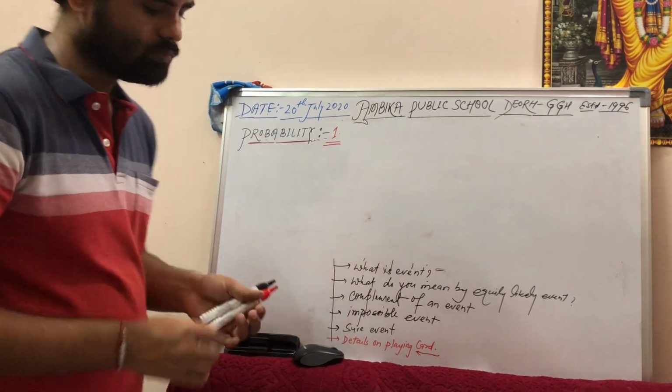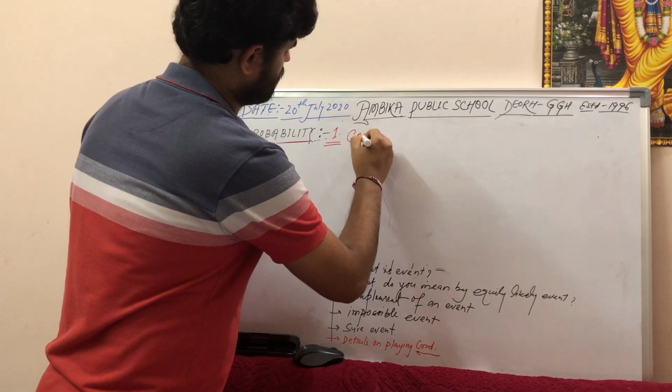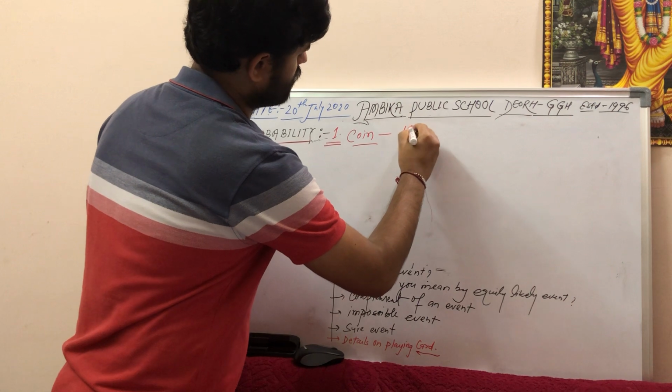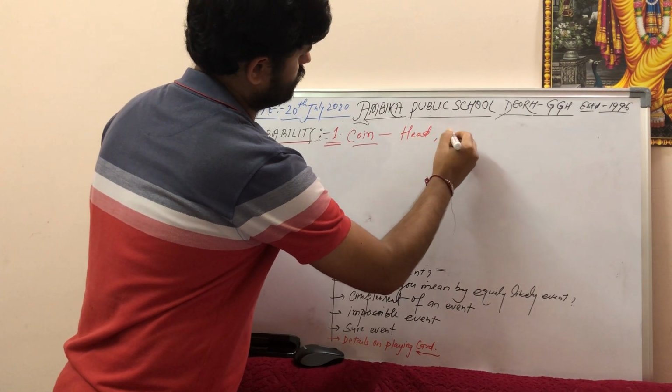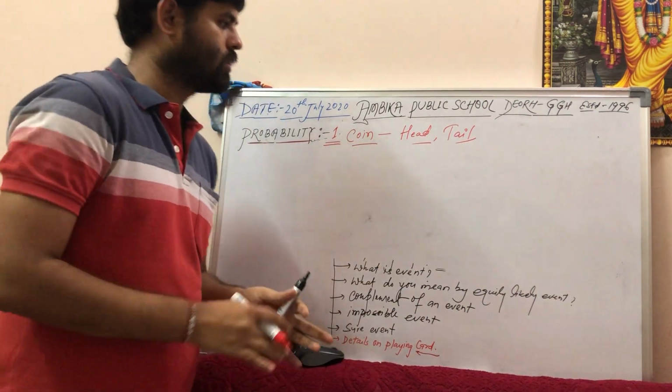So if I say, a coin has only two things, head and tail, right?